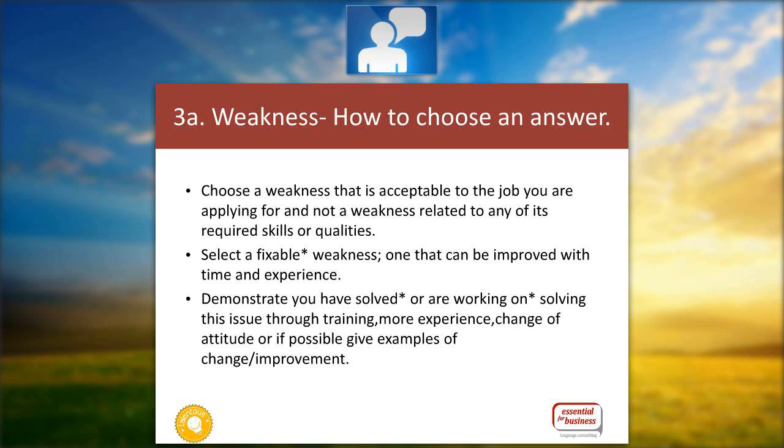Perfect, thank you. So it needs to be something that you can work on, something that you can change, something that is not really related to the job that you're applying for. Okay. So select a fixable weakness, one that can be improved with time and experience. Perfectionist is the most common, but that's a good reason not to do it because everybody's done it.